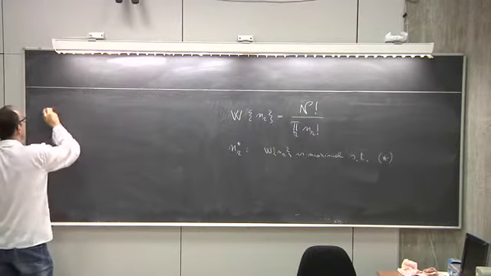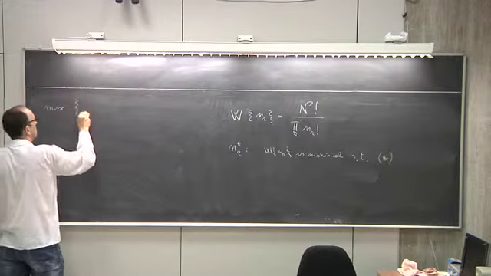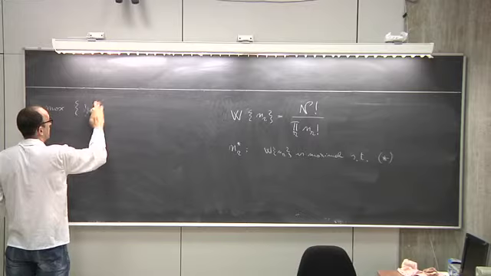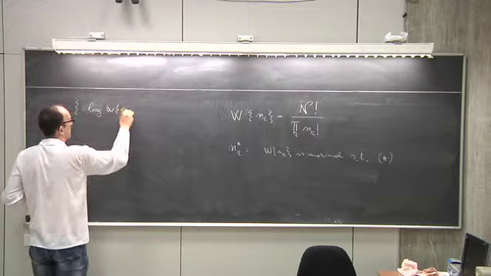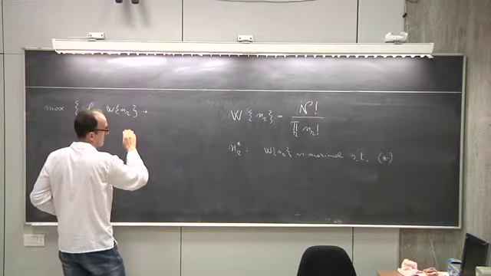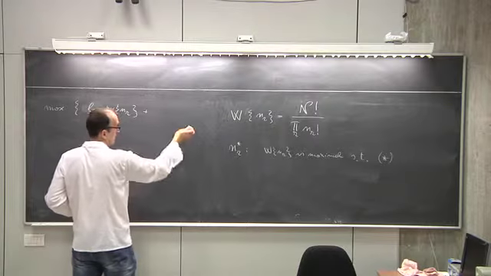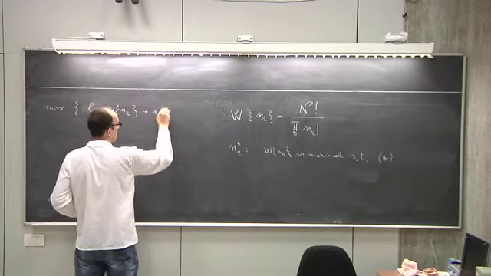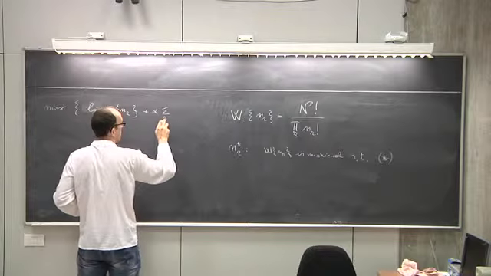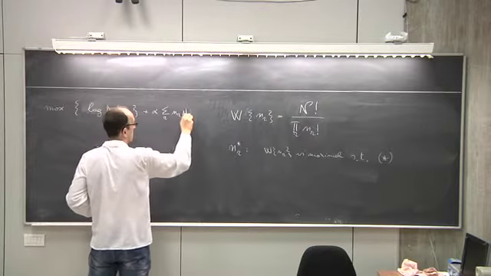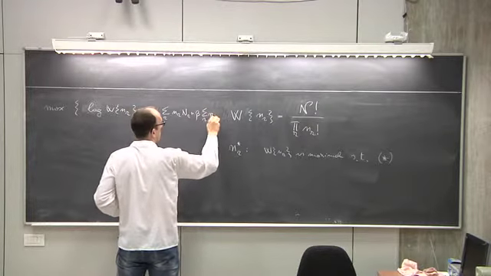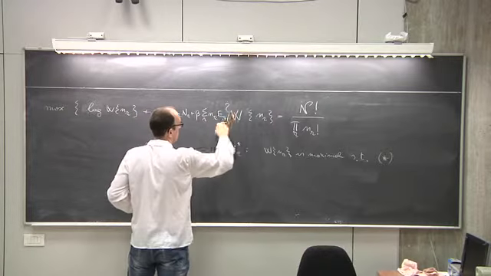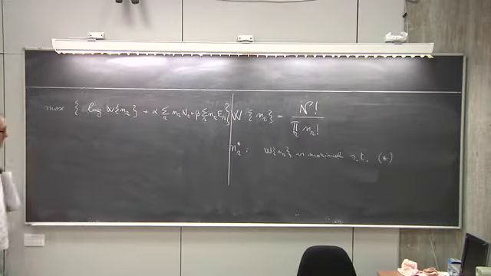You want to find the maximum of log of W of nr plus two Lagrange multipliers: alpha times sum over r of nr, plus beta times sum over r of nr times er. So this is the problem that you have to solve.